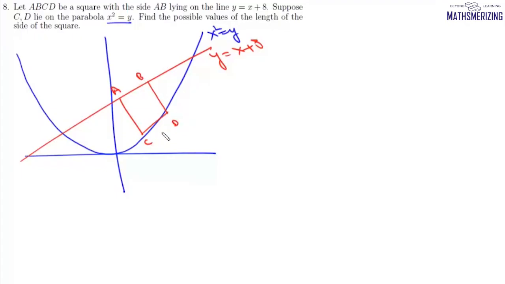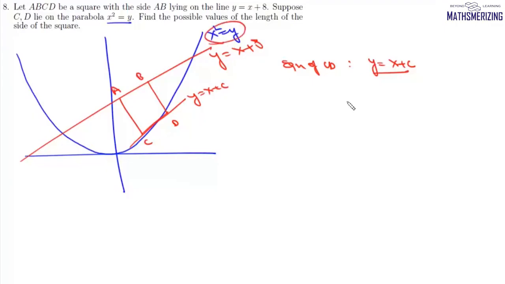Now CD is parallel to AB, so let the equation of CD be y equals x plus c. Now this line will intersect the parabola at 2 points C and D. So we'll find the point of intersection of this line y equals x plus c and this parabola which is y equals x square.